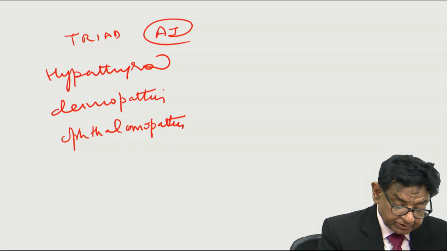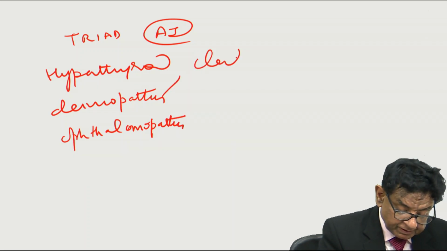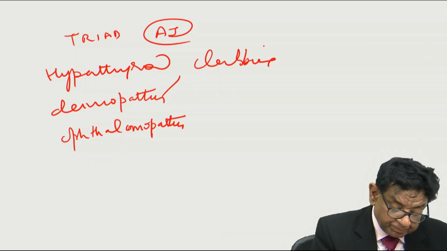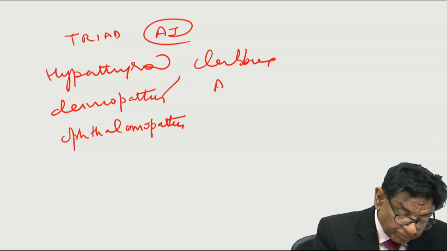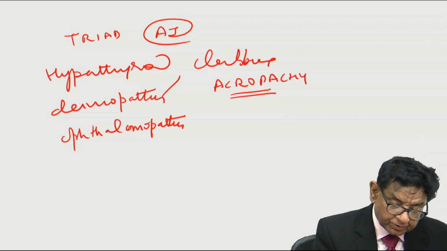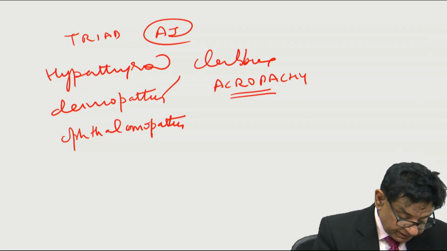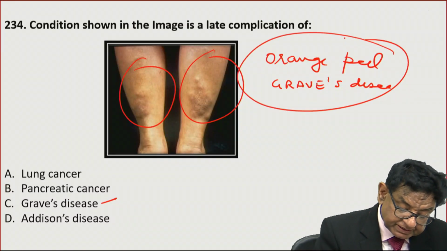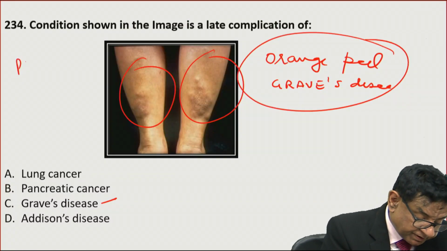In dermopathy, we can also get clubbing, what is known as thyroid acropachy. Okay? And this entity, the orange peel appearance, is known as pretibial myxedema.